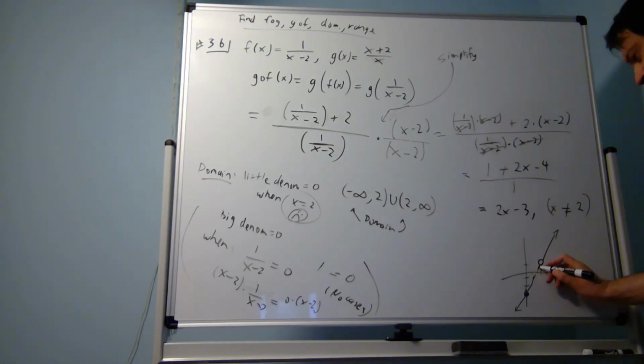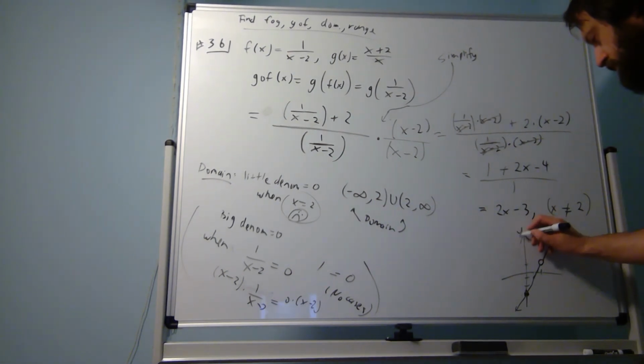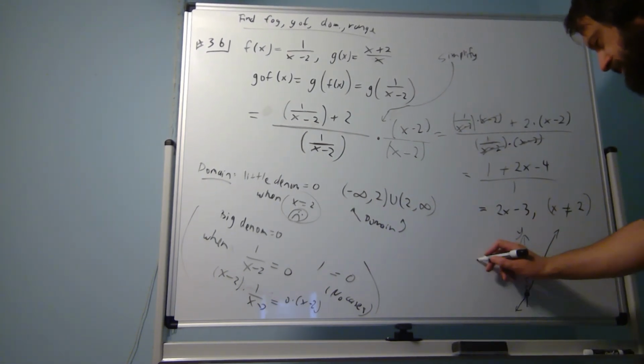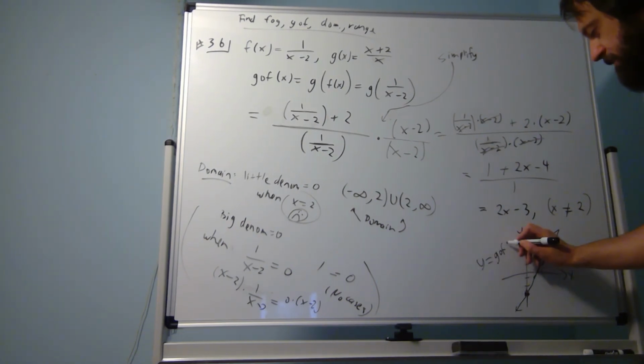Everywhere else, though, it simplifies. So if you're reading all the fine print and being careful, that's this. This is y equals g of f of x.